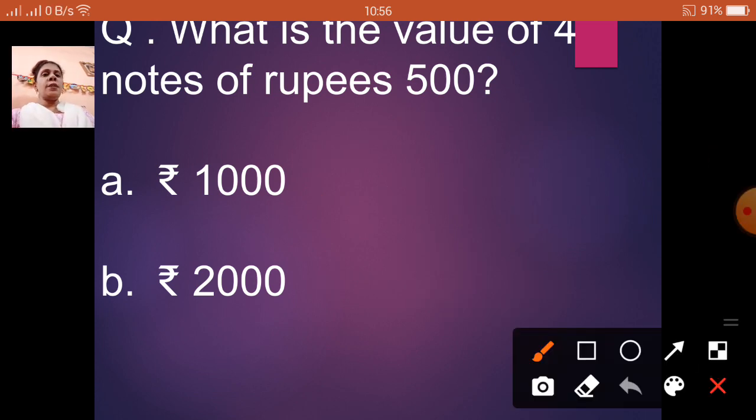Correct. So what is our correct answer? 2000. So the value of 4 notes of rupees 500 is 2000. Option B, rupees 2000.